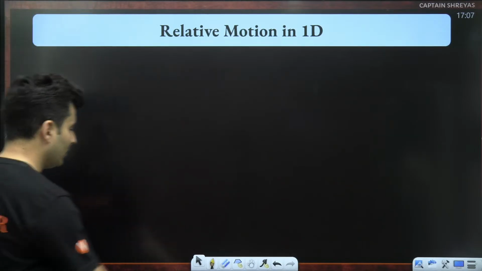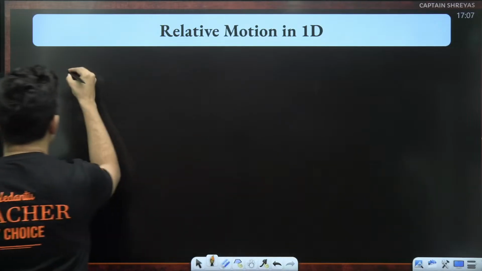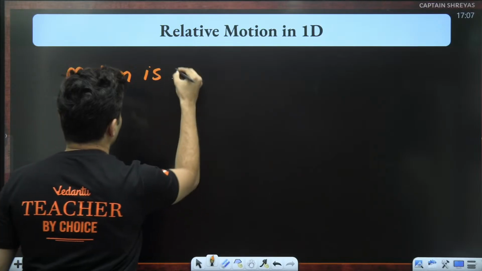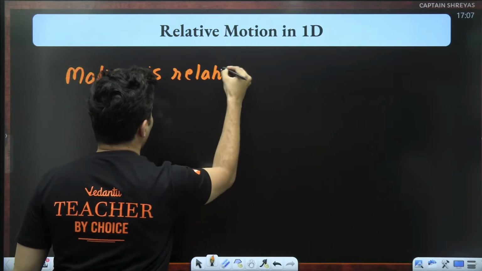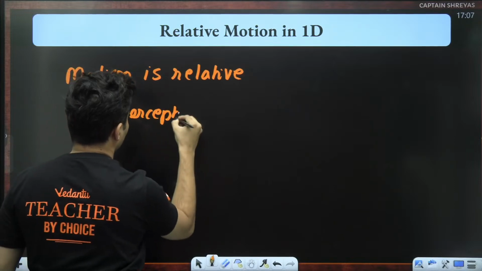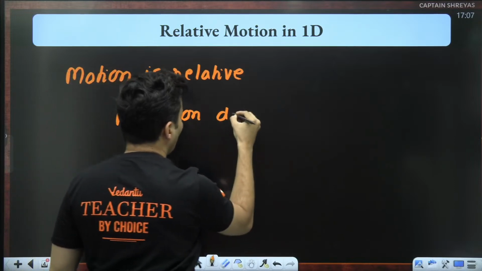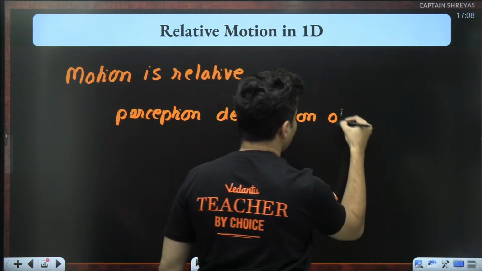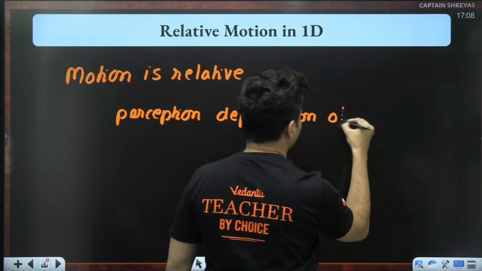So let me add the pointers over here. Motion is relative, and this perception depends on the observer.